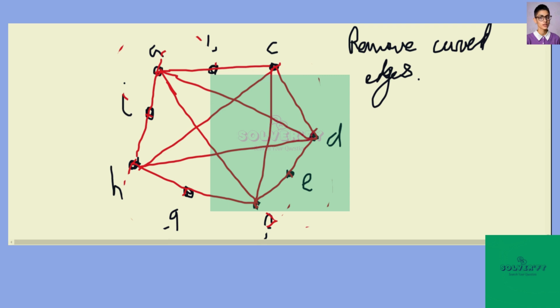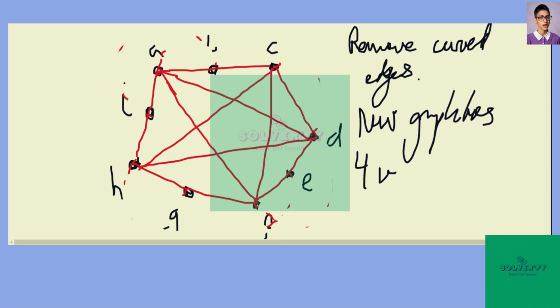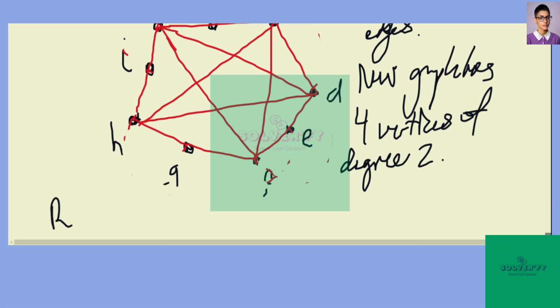So we notice that there are 4 vertices now of degree 2. And these are B, E, G, and I. And now replace the vertex with the edges incident to the vertex by a single edge in the graph.